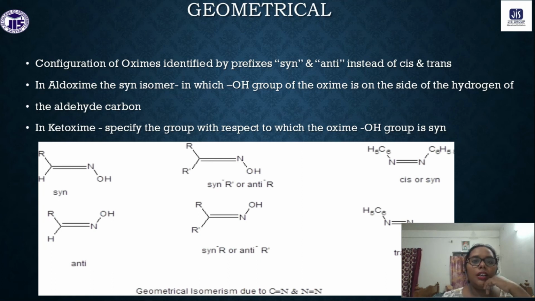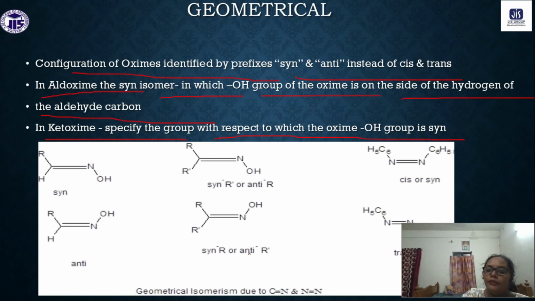Okay, so this is again the configuration of oximes identified by the prefix syn and anti instead of cis and trans. In aldoxime, the syn isomer is the one in which the OH group of the oxime is on the side of the hydrogen of the aldehyde carbon. In ketoxime, the specified group is the one with respect to which the oxime group is syn.